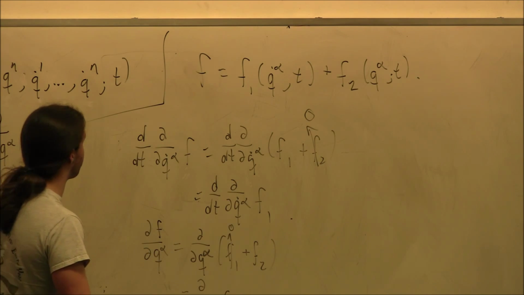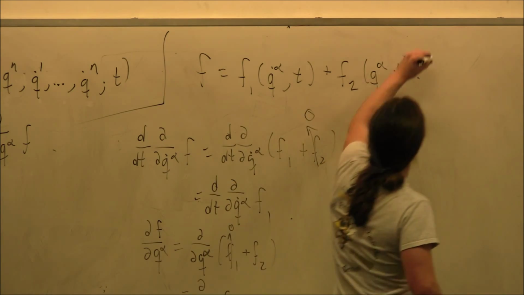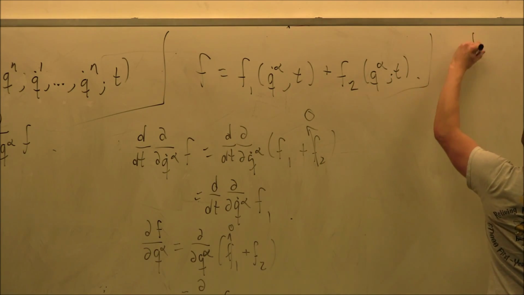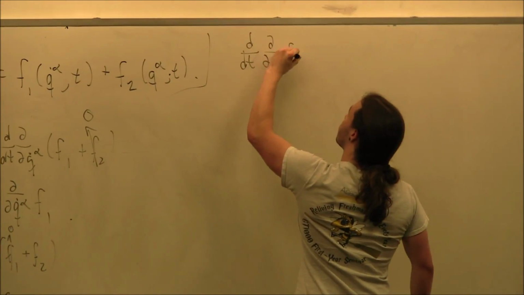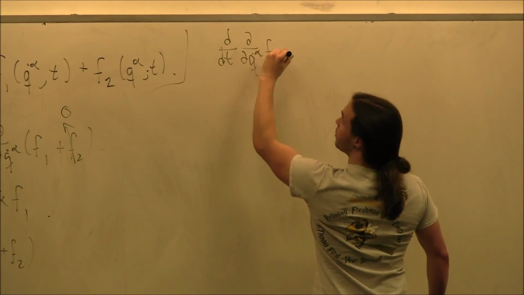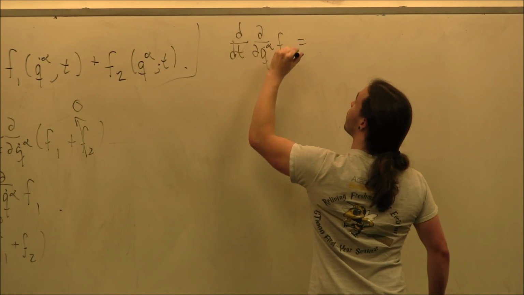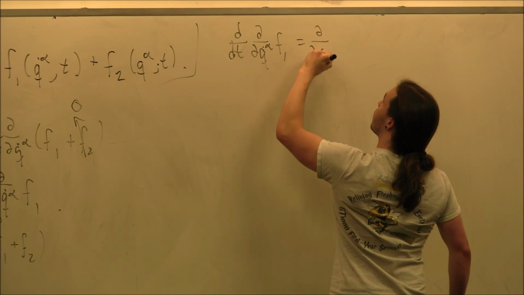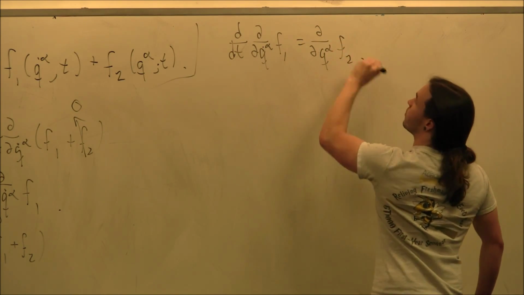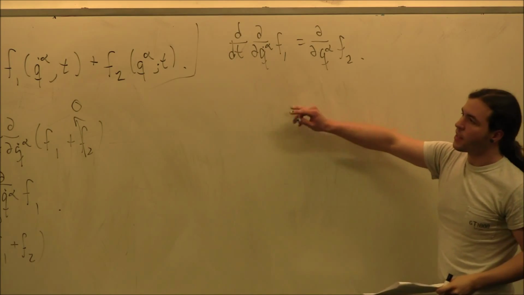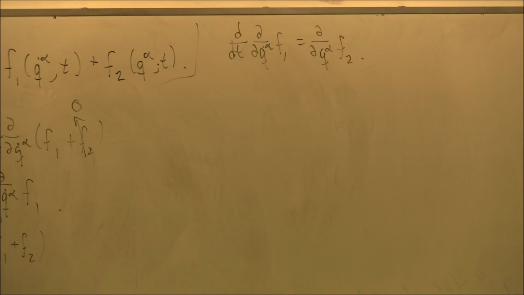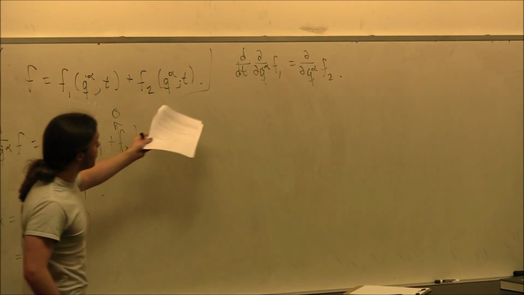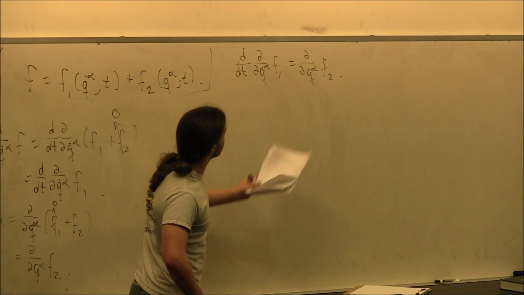So what we end up getting for this whole thing is that our Euler-Lagrange equation has now turned into d by dt of the partial of f1 with respect to q dot equal to this. So in the instance that our function can be broken up into these two parts, one of which depended on the velocities and one of which only depended on the positions, the Euler-Lagrange equation turns into this.